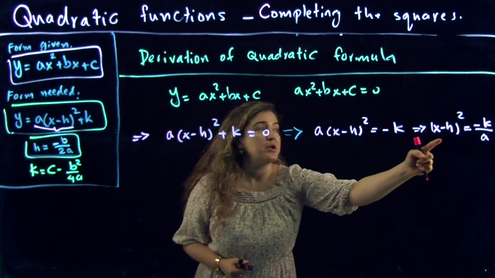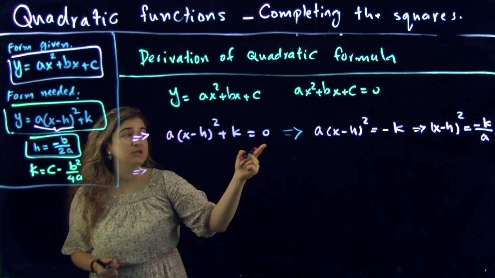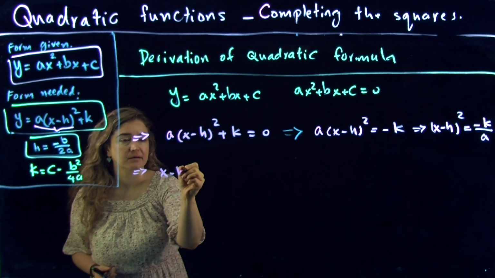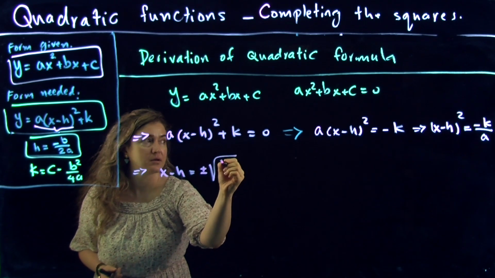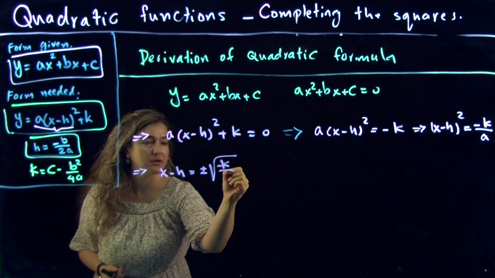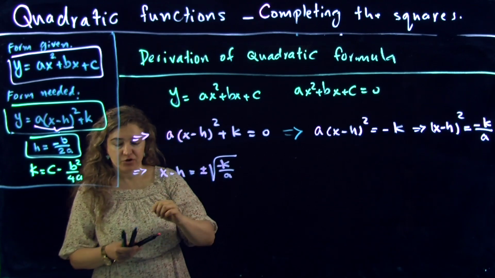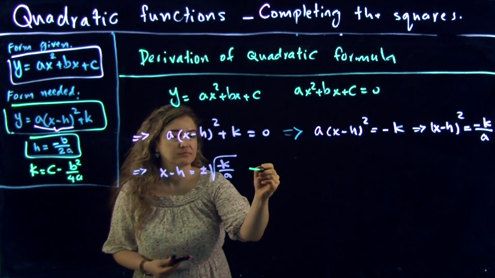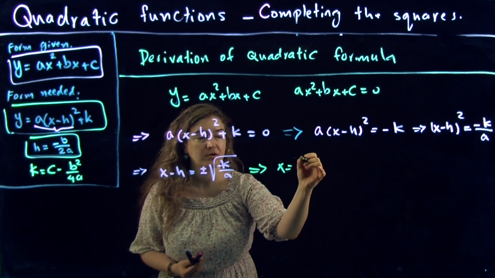Then square root both sides, and remember to keep plus and minus. Now add h to the other side. That solves for x.